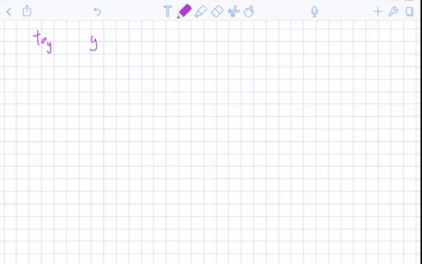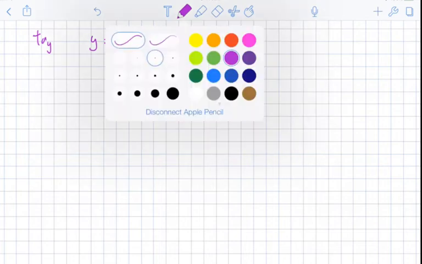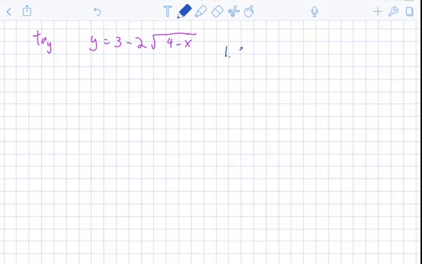Y is equal to 3 minus 2 square root of 4 minus x. All right. There are 3 steps. One of them is figuring out the vertex, the endpoint, and the others are figuring out which way it goes from there. So you figure out the endpoint by looking at the stuff under the square root function, setting that equal to 0, because it can't be negative, right?